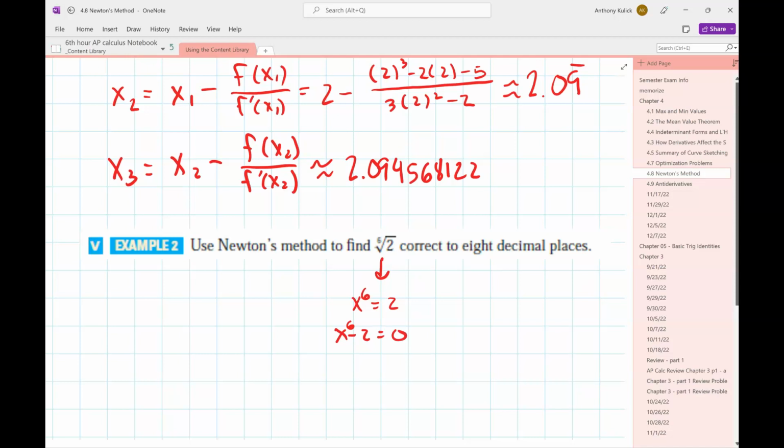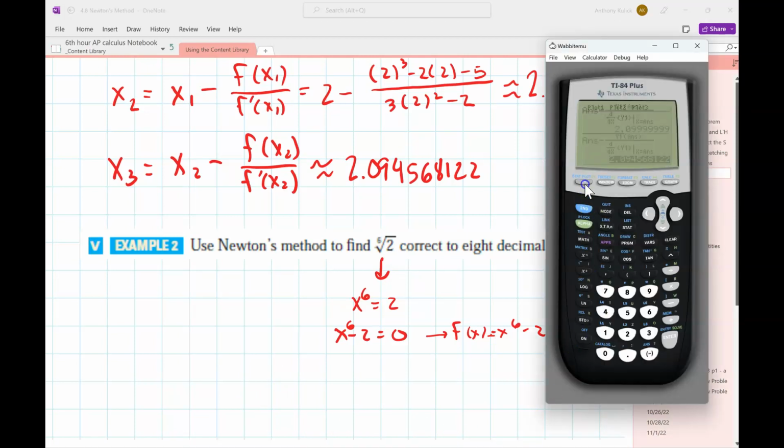So there's my f of x. Okay, well that's easy. Okay, so I type that into y1.